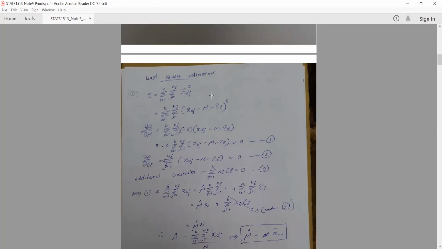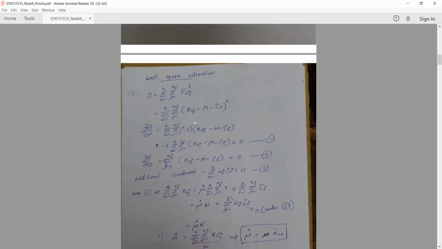If we are using the treatment effect model, xij is equal to mu plus tau i plus the error term. So the error term is xij minus mu minus tau i, and we take the squared term of this.